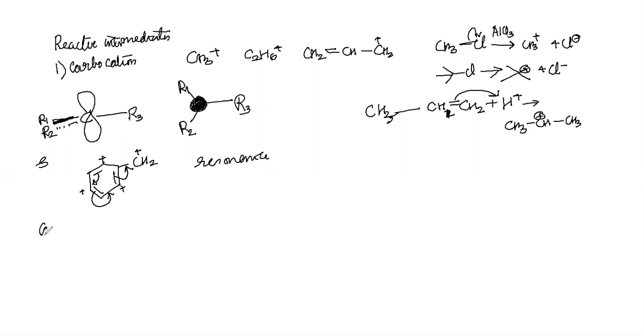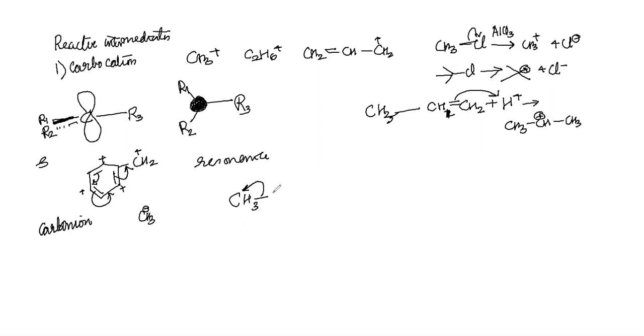Now let us look at carbanion. Carbanion, species with a negative charge, CH3 minus. Now here what happens is you should have a bond breakage. Suppose you have a bond like this, it should break in this direction.